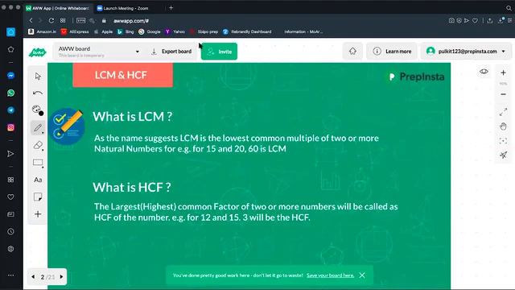So first of all, LCM and HCF. I hope you understand the concept of it. So what is LCM, guys? As the name suggests, LCM is the lowest common multiple of two or more natural numbers. Yes, the common multiple. I hope you know the basic concept of finding the LCM.